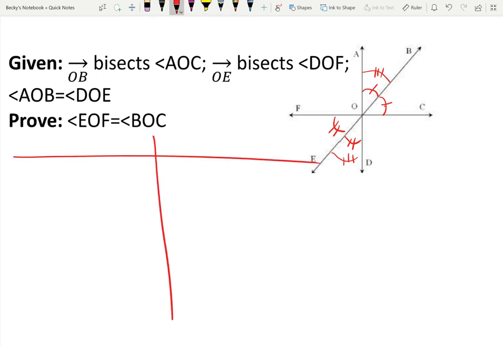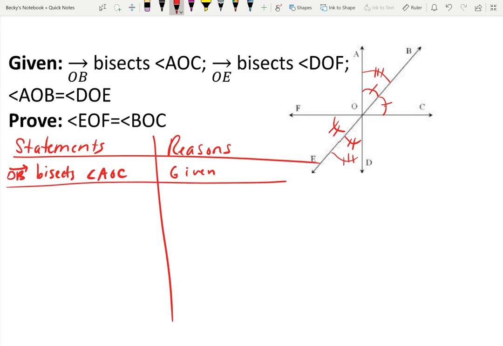Okay, so let's do this. On the left-hand side is your statements, and on the right is your reasons. So let's just write the very first given. Ray OB bisects angle AOC. Now, this was given to me. What did I know?